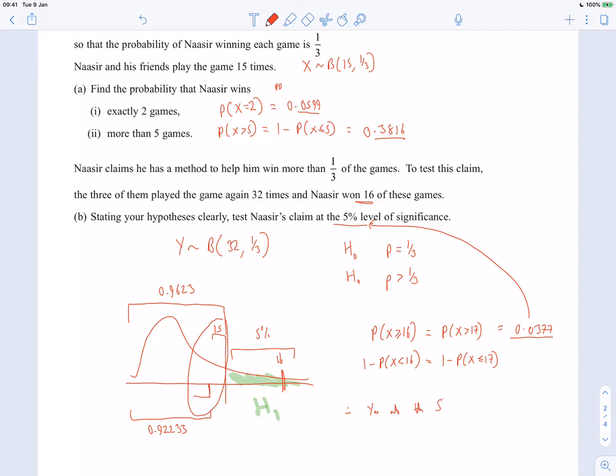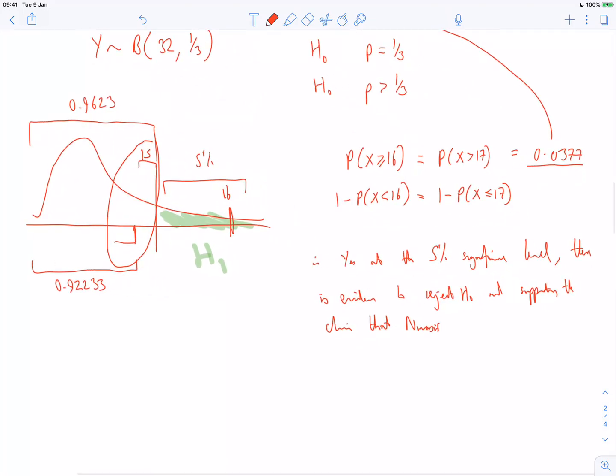At the 5% significance level, there is evidence to reject H0, supporting the claim that Nazir has increased his chances of winning.